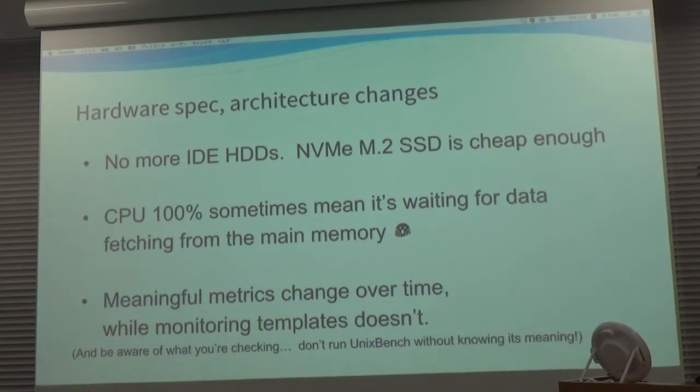And if you see CPU usage at 100%, that doesn't always mean that your program is really running. It may be time spent fetching data from the main memory these days. So metrics will change over time, but the monitoring template doesn't change that much. So that's a big problem.